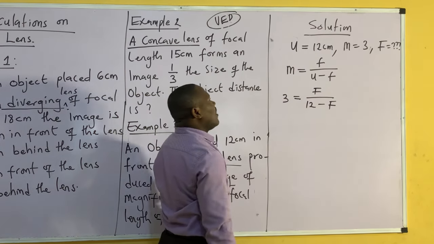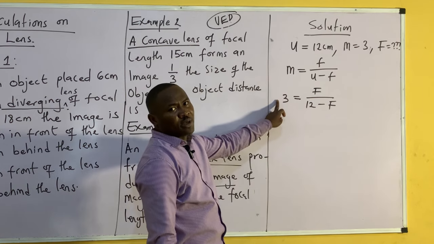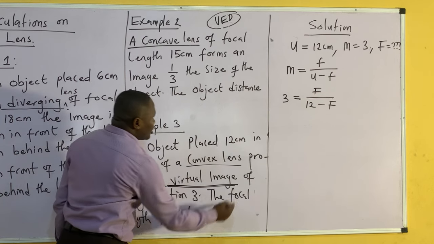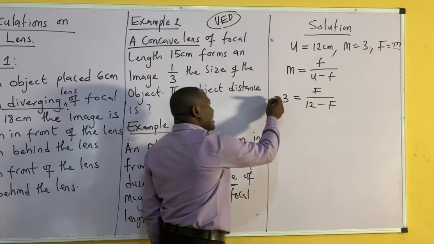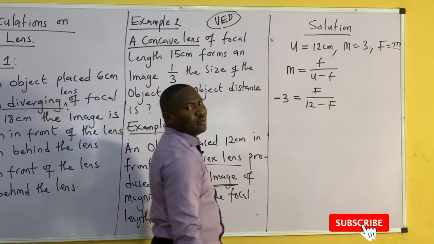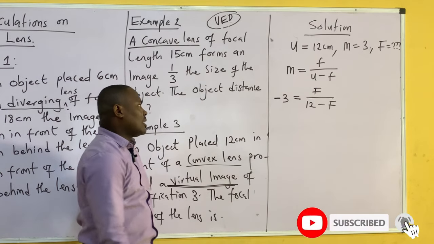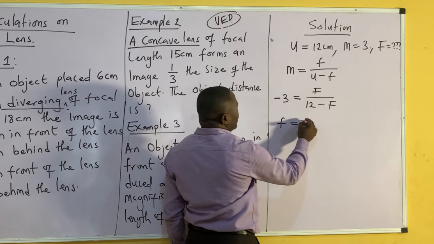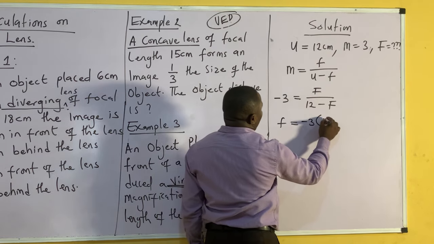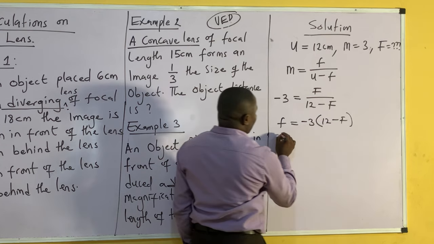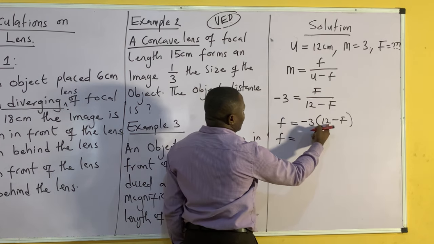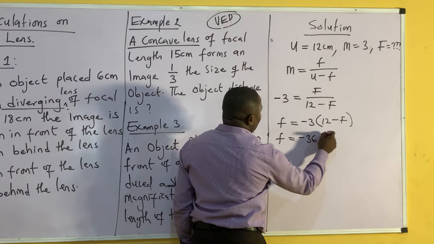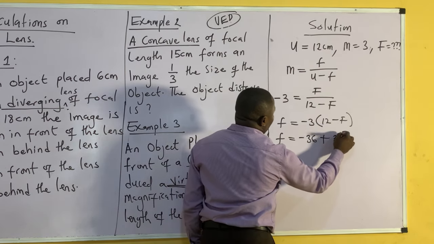Now, mind you, the image formed is virtual. So because the image formed is a virtual image, therefore I will add a negative sign to my 3. Now, continuing, cross multiply this. We have minus 3 open bracket 12 minus f. So that becomes f is now equal to minus 3 times 12 is minus 36. Minus times minus is plus. 3 times this is 3f.